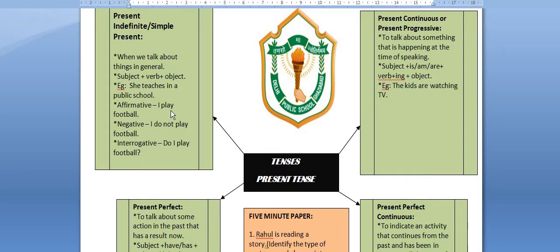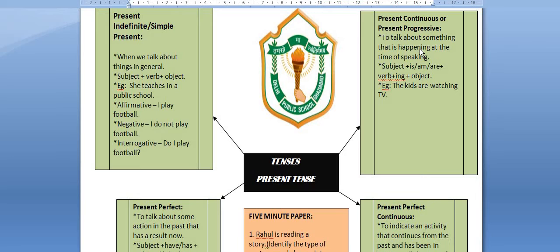Similarly, in present continuous tense, firstly let us talk about what present continuous tense is. Whenever we talk about any action that is still happening, which has not finished at the time of speaking, if the action is still in continuation, that is present continuous tense, which we also call present progressive tense.